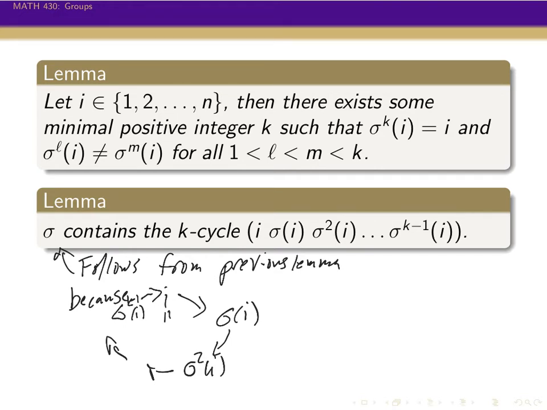This comes from the fact that i is equal to sigma to the k of i. And this is a legitimate cycle because, as we saw in the previous lemma, all of the elements in this cycle are distinct from each other until we get to sigma to the k, which gets us back to i. So this is a legitimate k-cycle.